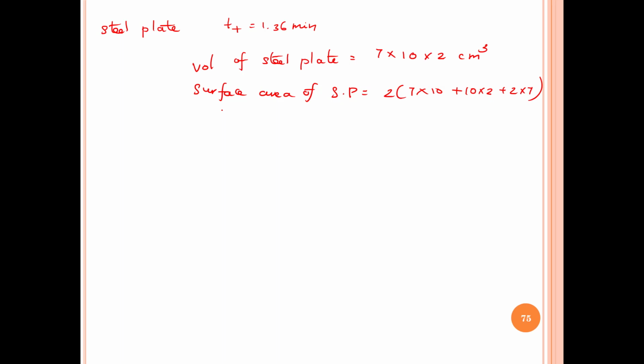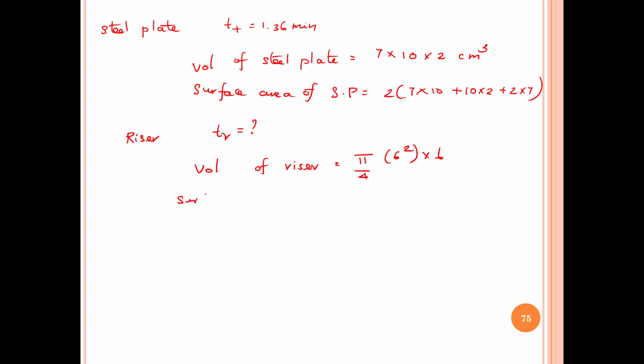Next we want to know the volume and surface area of the riser, since we want the solidification time of the riser. So the volume of the riser is equal to pi by 4 d square h, that is pi by 4 into 6 square into 6.